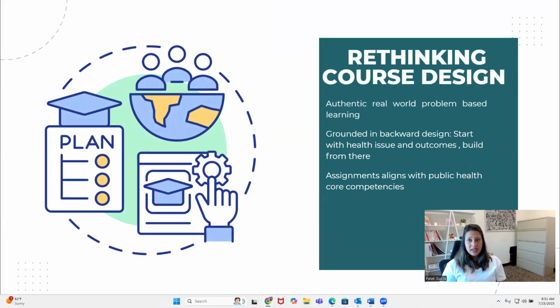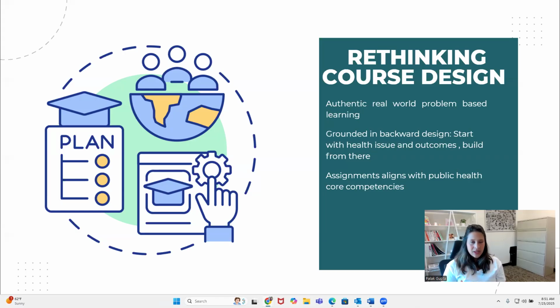We are focusing on authentic, real world, problem based learning. This approach not only makes learning more engaging, but also ensures that our students gain practical skills relevant to their field. By anchoring our courses in backward design, we begin with the desired health outcome and design our curriculum or our program to achieve those health outcomes.